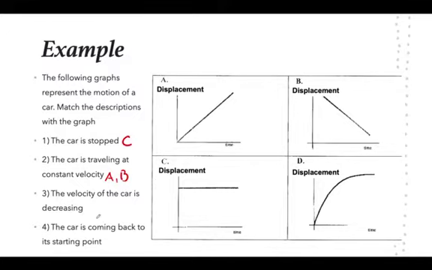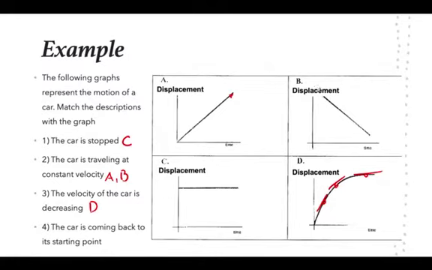The velocity of the car is decreasing, right? We only have one graph that shows acceleration. And in this graph, we can see that the slope of the tangent line becomes less steep as time goes by. So the velocity is decreasing. And the car is coming back to its starting point. We see that in this graph, it's going away from its starting point.